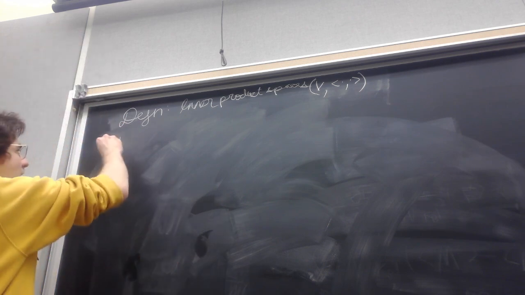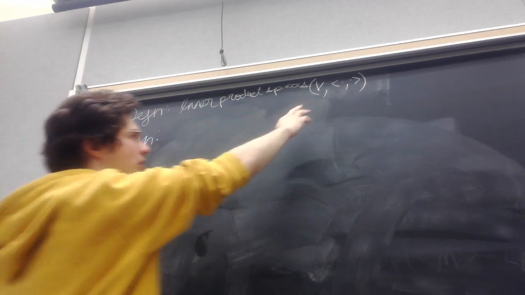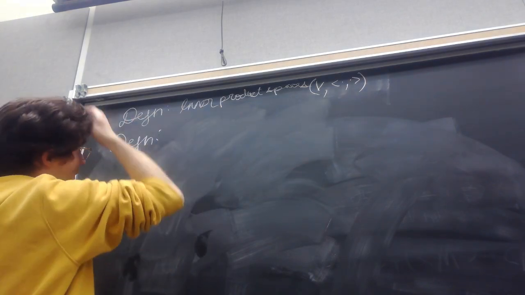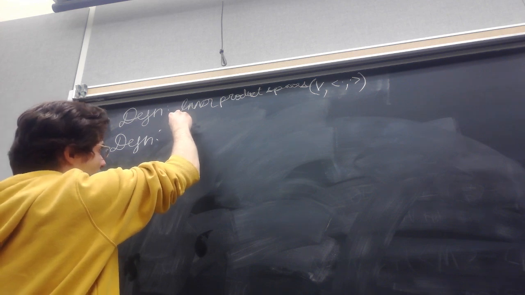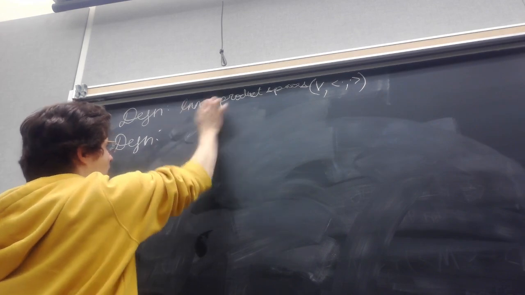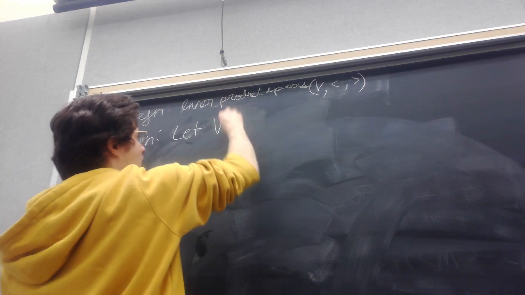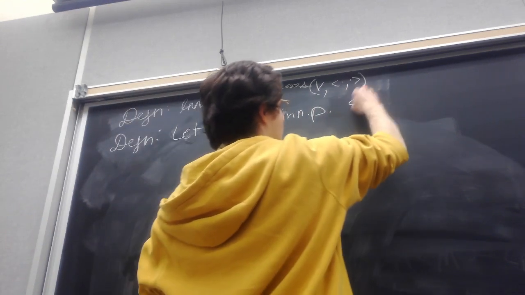And so the real definition that we had, so this was some function with some properties. The real thing that we defined were orthogonal vectors. So let V be an inner product space.